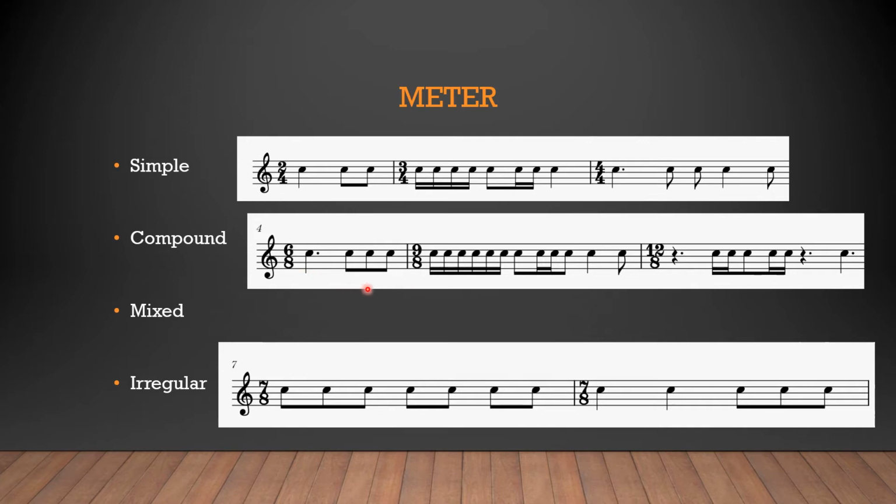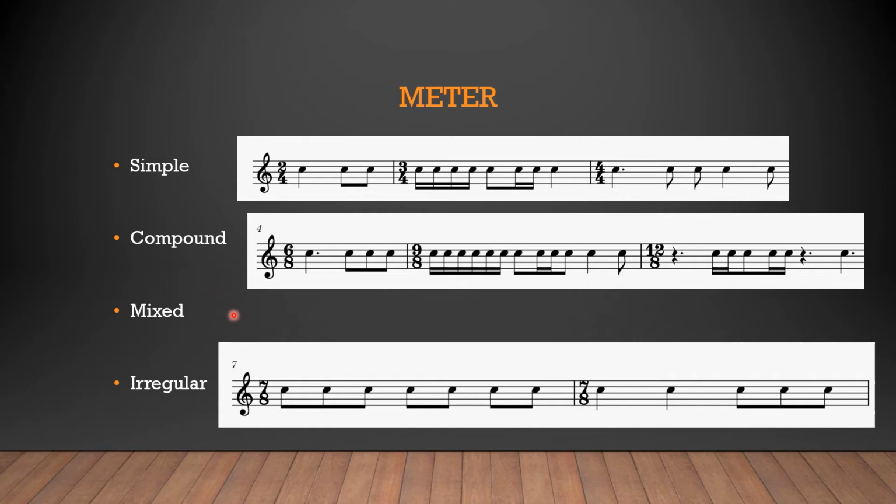The tam divides into 3, and then each of these ti's divide into 2 tickas. So ti, ti, ti, ticka, ticka, ticka. Everything divides into 3. Compound time has a more lilting or more off-balance feeling.